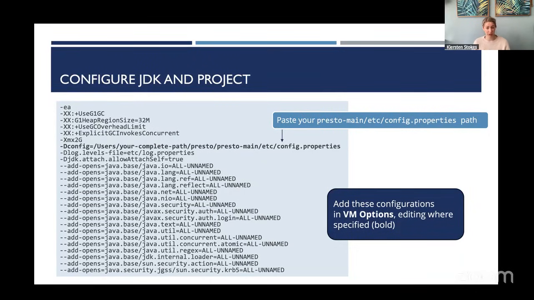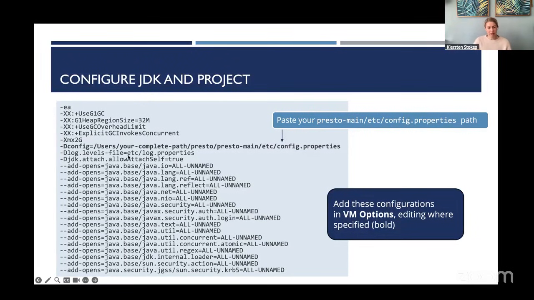One, probably the easiest way to copy this is to go to the link to that blog post that I mentioned earlier that 𝗀𝗏 wrote. He has all of these listed there, and you can just copy that and paste it into your VM options.